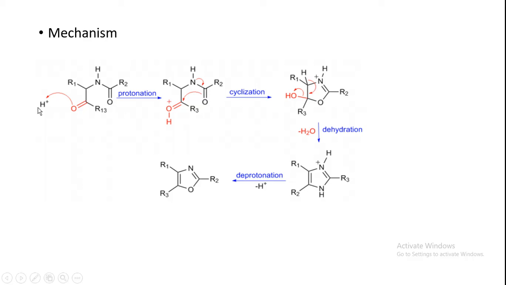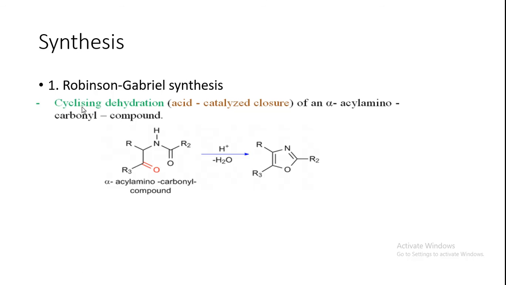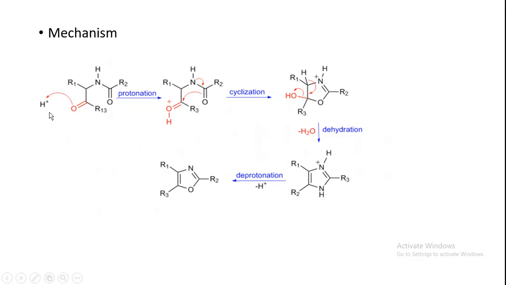Let us see the mechanism of this reaction. Protonation takes place first on the oxygen of the carbonyl group, C double bond O. Oxygen is electronegative, so H plus attacks, giving OH, and oxygen attains a positive charge.